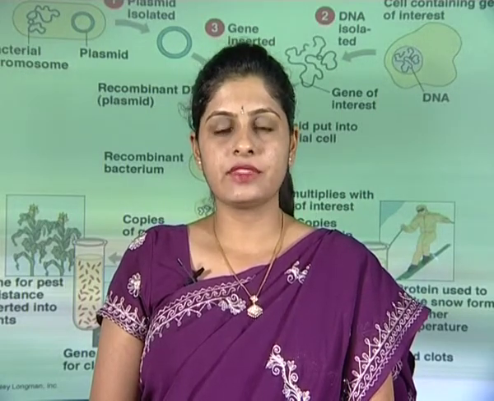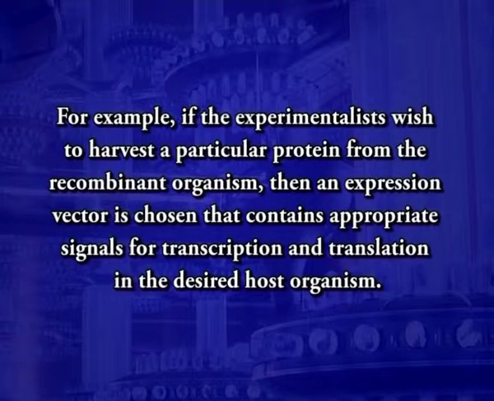If the DNA to be cloned is exceptionally large, hundreds of thousands to millions of base pairs, then a bacterial artificial chromosome or yeast artificial chromosome vector is often chosen. Specialized applications may call for specialized host vector systems. For example, if the experimentalist wished to harvest a particular protein from a recombinant organism, then an expression vector is chosen that contains appropriate signals for transcription and translation in the desired host organism.